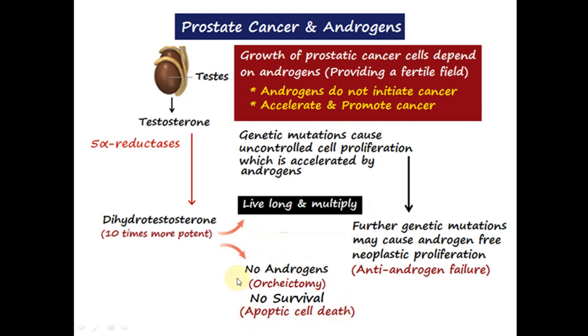hypertrophy. And the androgens do not initiate prostatic cancer, but they act just like we spray petrol on fire. So they will rapidly and potently accelerate the growth of the neoplastic cells.